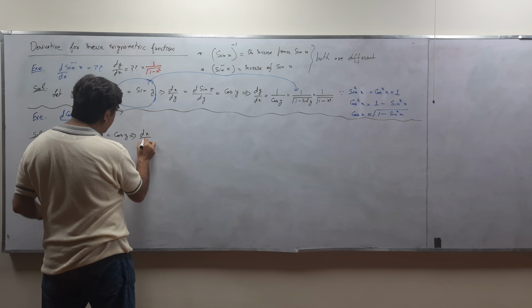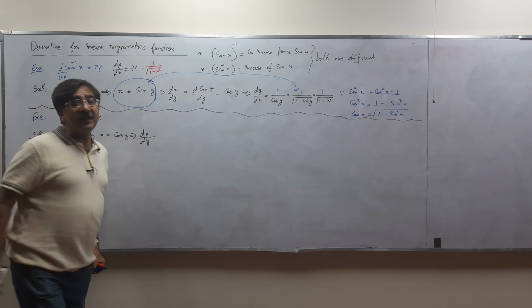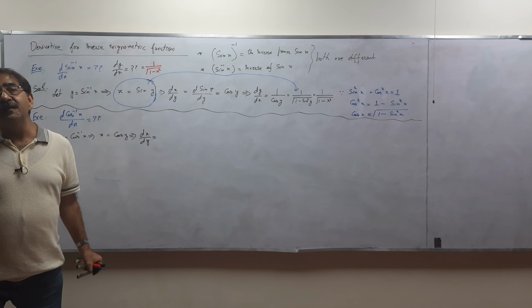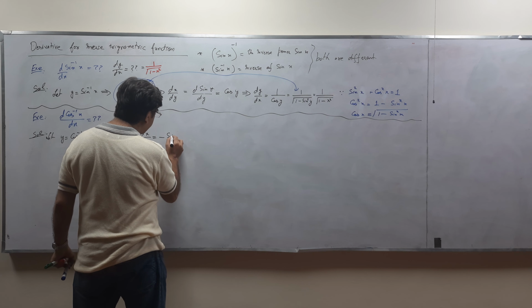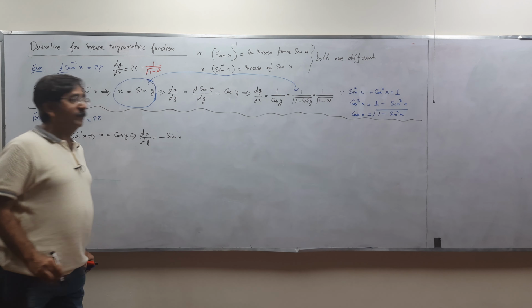dx over dy will be equal to the derivative of cos, that will be minus sin y.